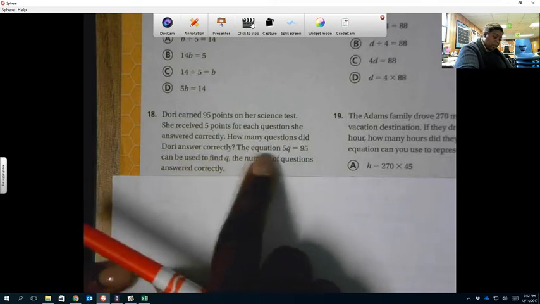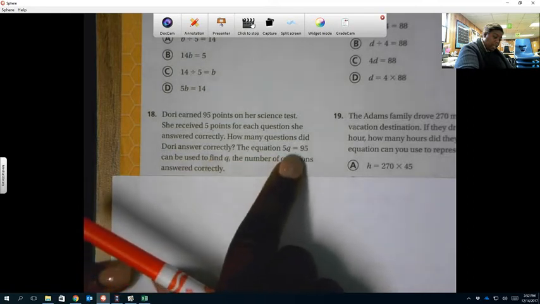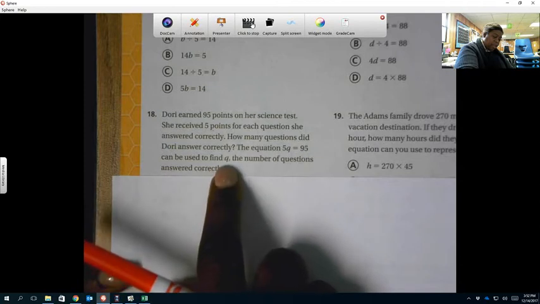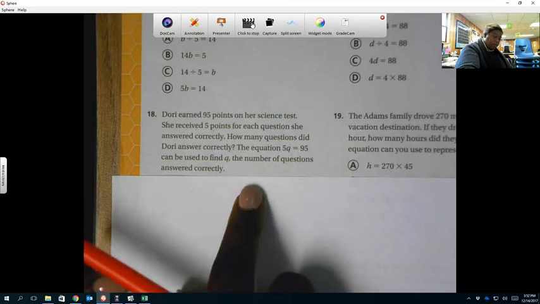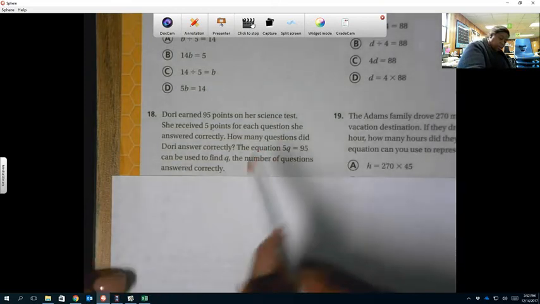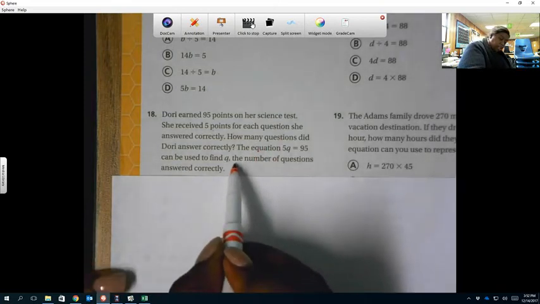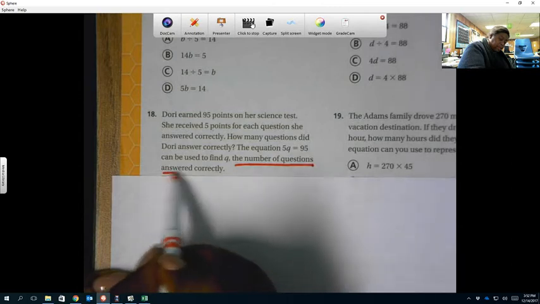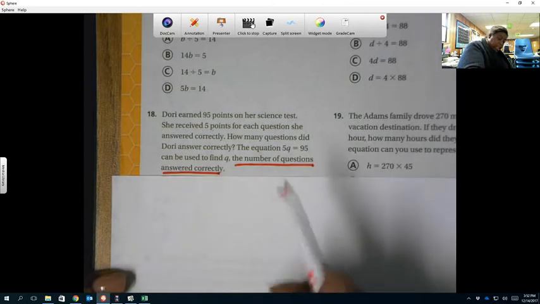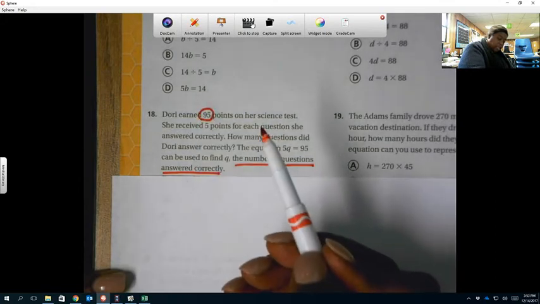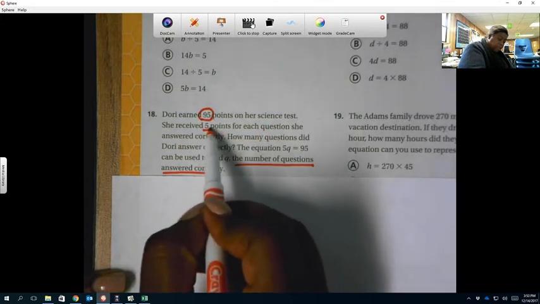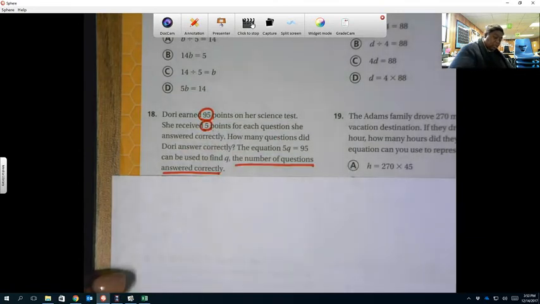The equation 5Q equals 95 can be used to find Q, the number of questions she answered correctly. So let's go back through to see what we're looking for. We're looking for the number of questions that she answered correctly. It shows that she earned a total of 95 points on her test, and she received 5 points for each one she answered correctly.